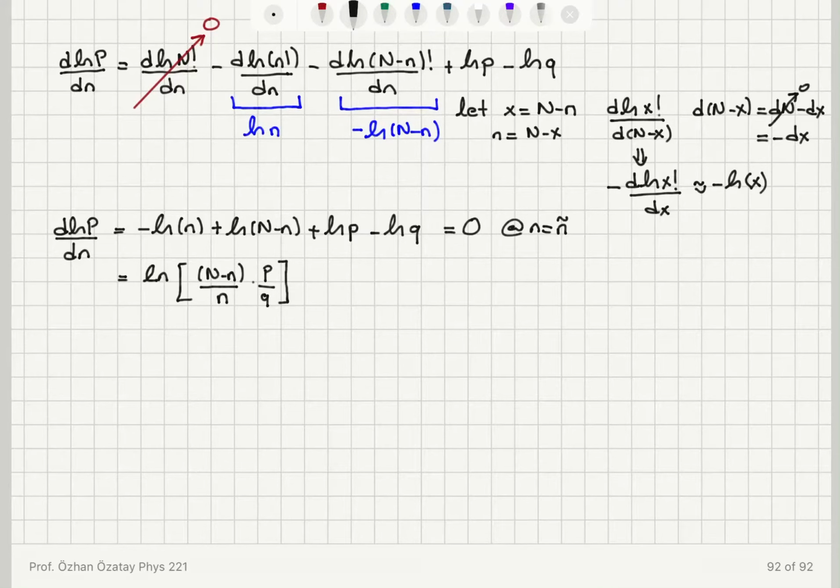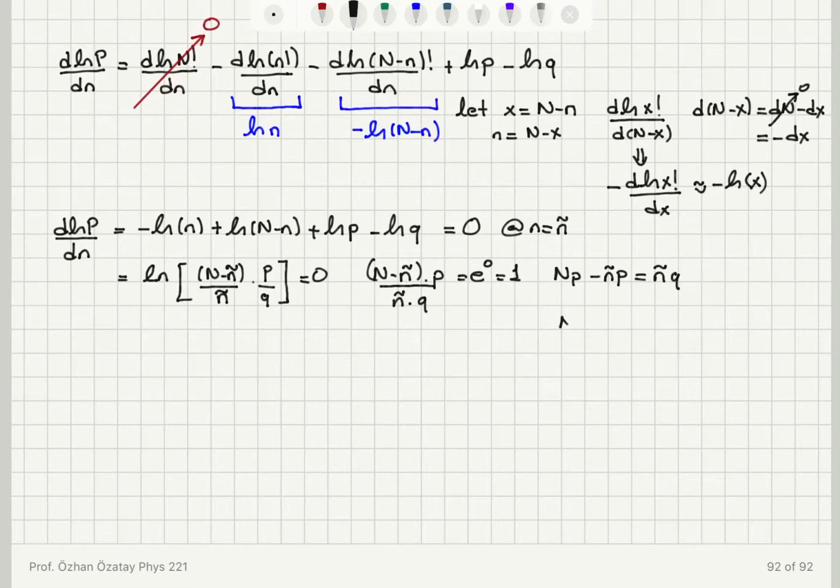This is going to be 0 when n is equal to n tilde, and therefore I'm going to have capital N minus n tilde times p divided by n tilde q is e to the 0, that is 1. So Np minus n tilde p is equal to n tilde q.